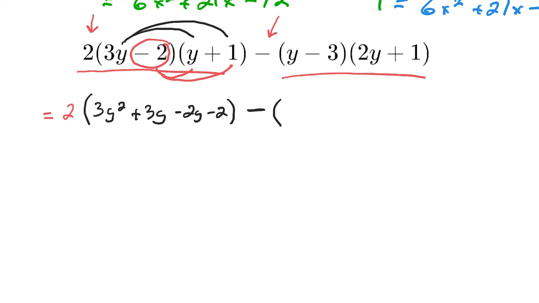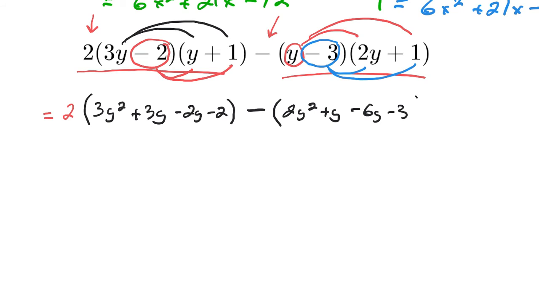Take your first term and distribute. So that will become 2y squared plus y. Take the second term along with its sign, don't forget the sign, and distribute through. So now we've got negative 6y minus 3.